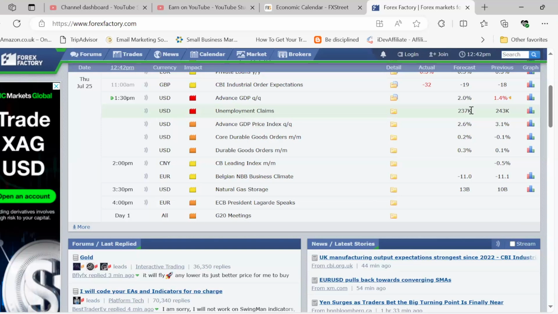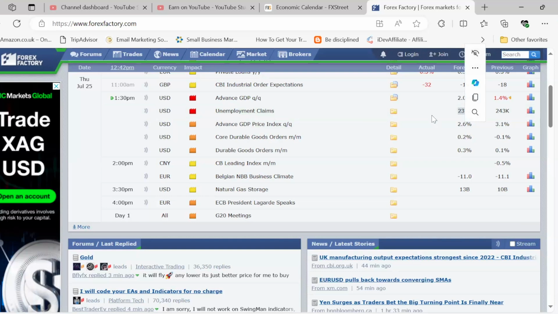And what will happen then? You see GBP/USD going down if it is positive for the US dollar, if the number is lower than the forecast. GBP/USD going down means that it's going to take fewer US dollars to purchase one unit of the pound sterling.